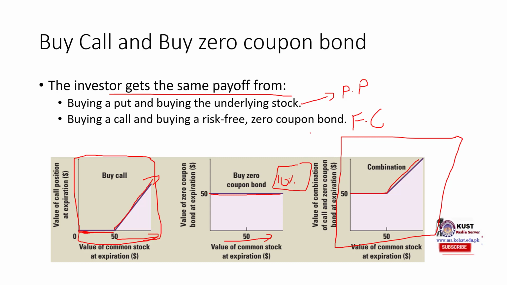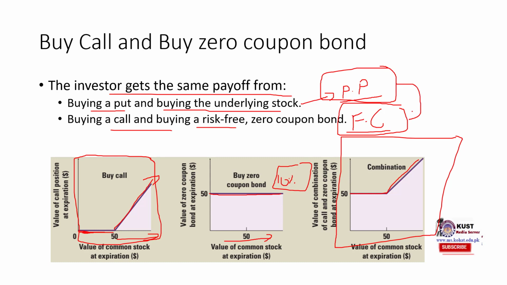I repeat, the profit would be the same whether an investor enters into a protective put strategy or a fiduciary call strategy. Buying a put and buying the underlying stock is the protective put strategy. Buying a call and buying a risk-free bond is a fiduciary call strategy. This statement says that they both would have the same profit.